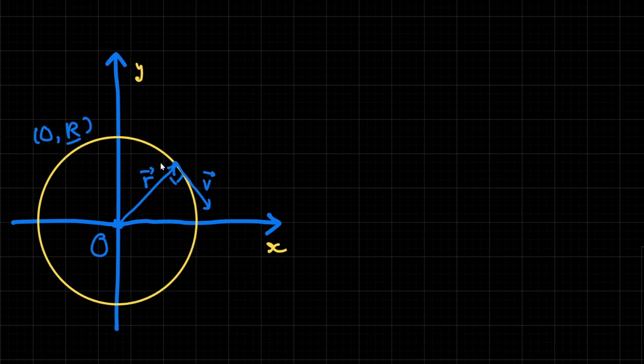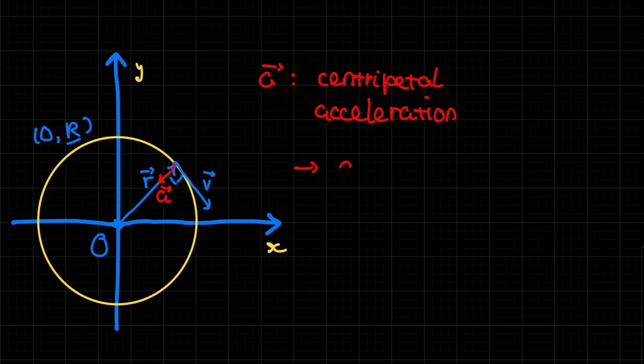So the special thing about circular motion is that it always has a fixed acceleration, which we call the centripetal acceleration, and its value equals v squared over r, and it always points to the center of the circle.